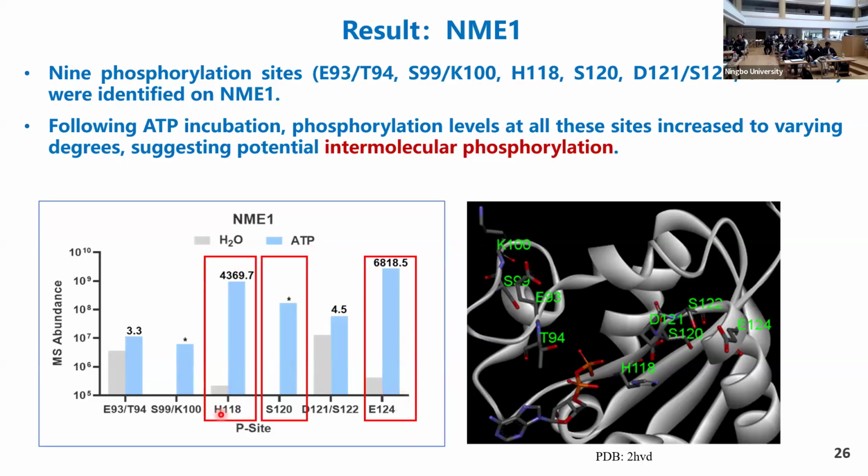Without ATP, their level is very low, but after ATP incubation, there is over a 1,000-fold increase in their phosphorylation. And more importantly, these three kinds of phosphorylated residues are all very near each other.